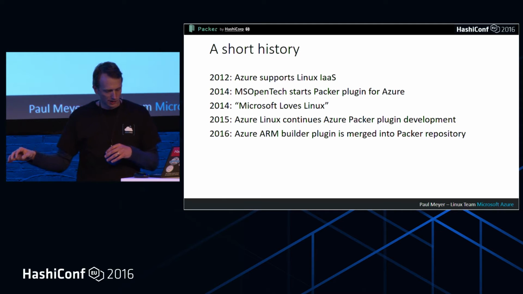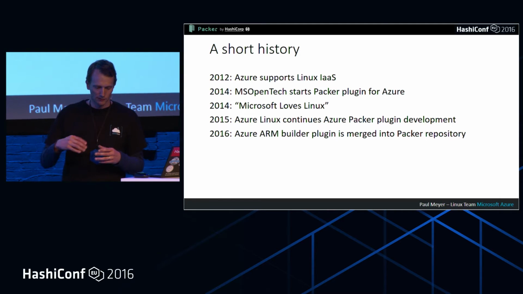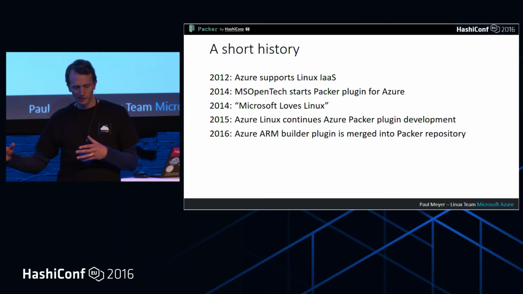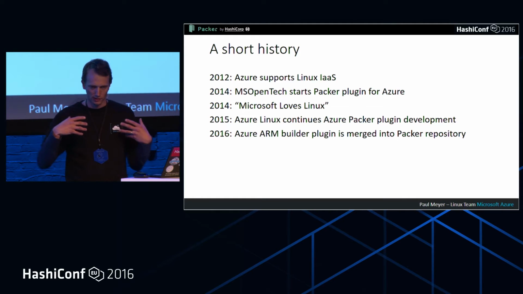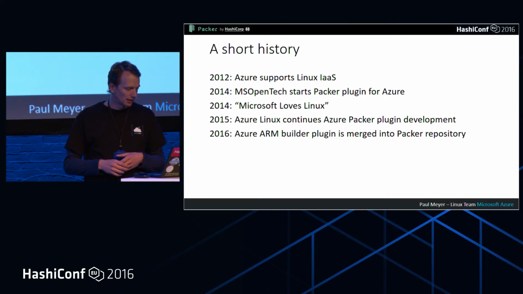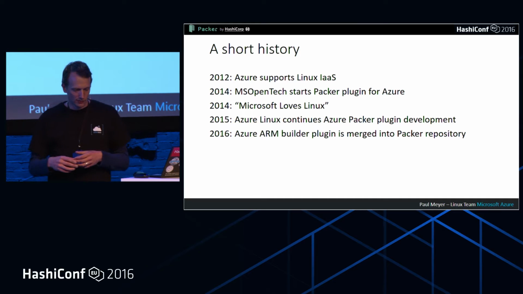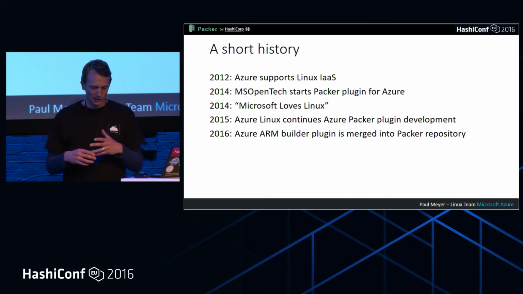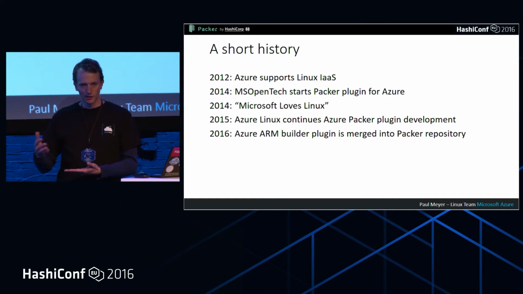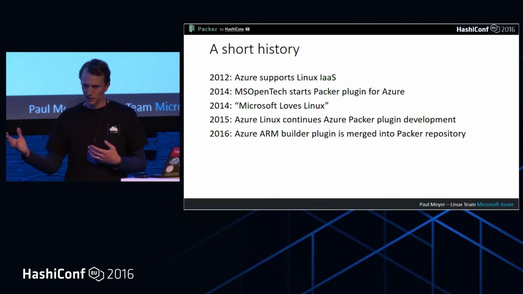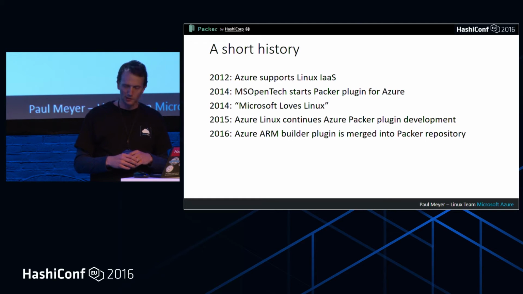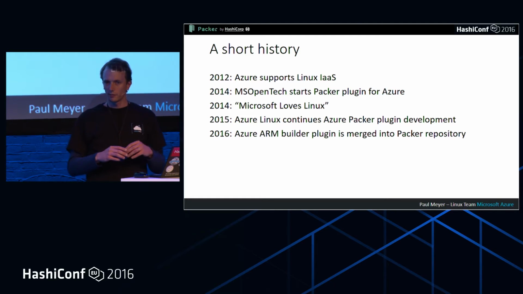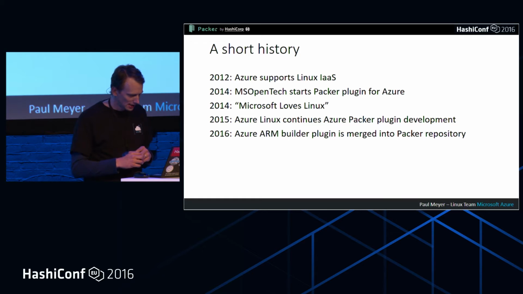So we continued the Packer plugin from where OpenTech left it. MS OpenTech has now integrated back into Microsoft, so we now do the open source development from within the product groups. We introduced quite recently a new management API for all of our stuff in Azure called the Resource Management API, the Azure Resource Management API, also called the ARM API, if you abbreviate it.